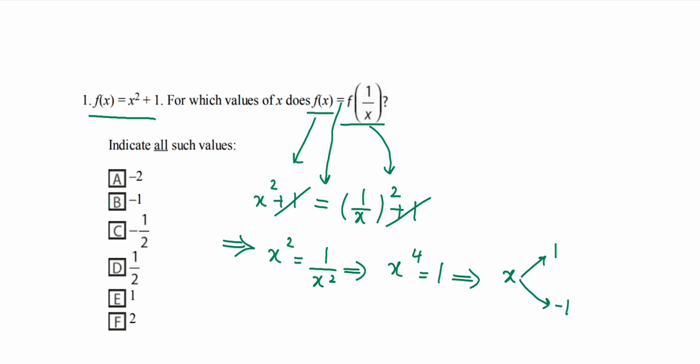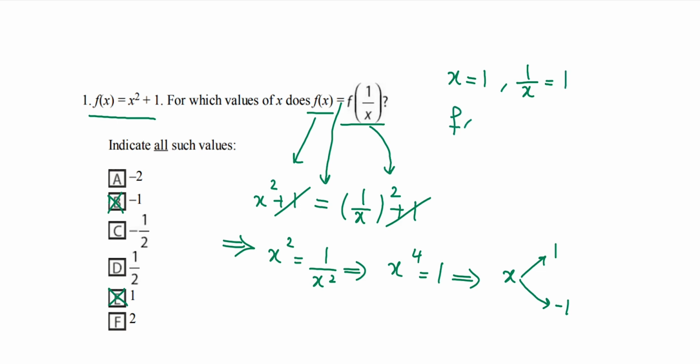We can choose these choices. And it is obvious because if x equals 1, then 1 over x also is equal to 1.